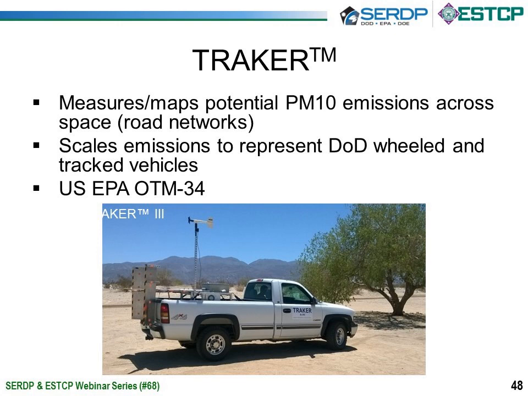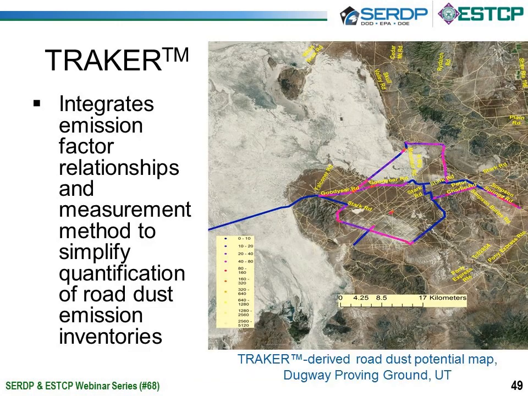Slide number 49 is just an example. During the development phase, we took Tracker to the Dugway Proving Ground, and we used it to map the dust emission potential of the road network.